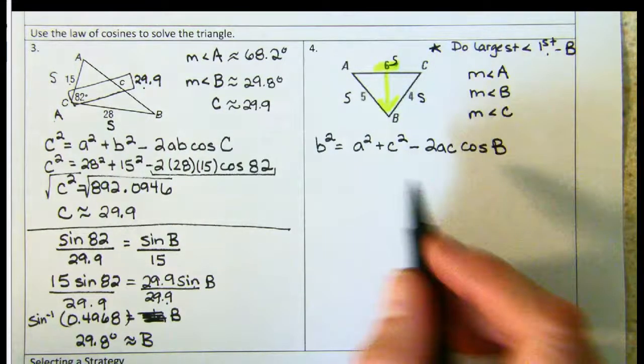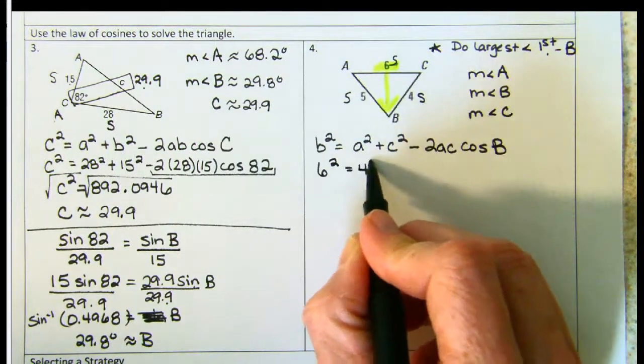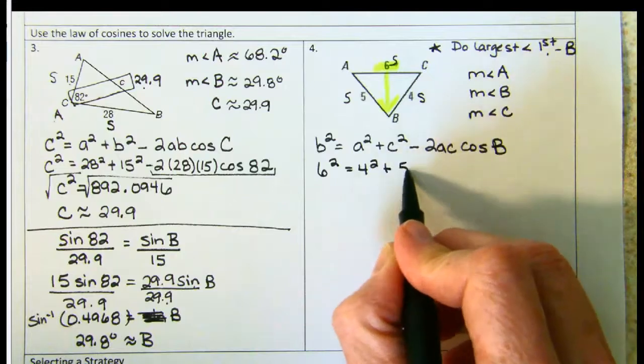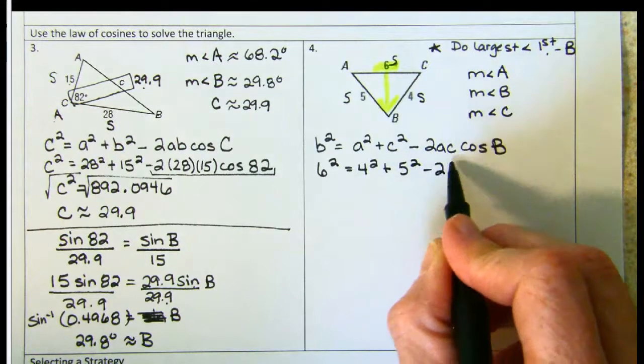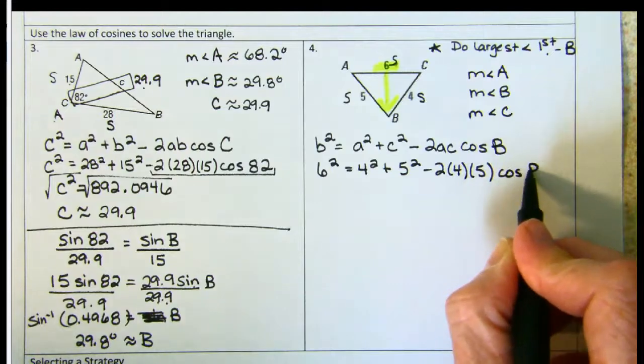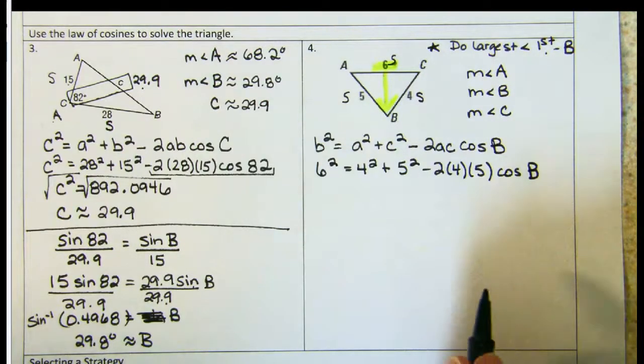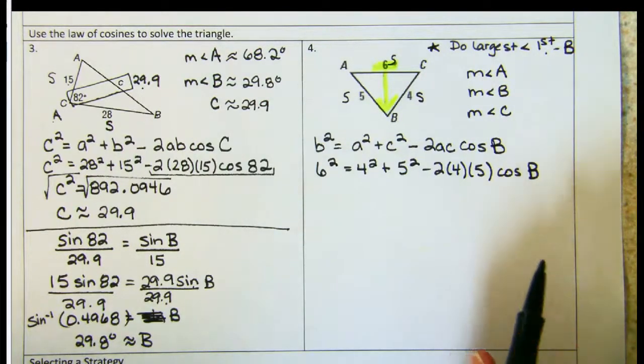Now, let's plug in what we know. 6 squared equals 4 squared plus 5 squared minus 2 times 4 times 5 cosine B. We are now looking for B. Now, this is where order of operations is extremely important, and the calculator is going to do this work for us.